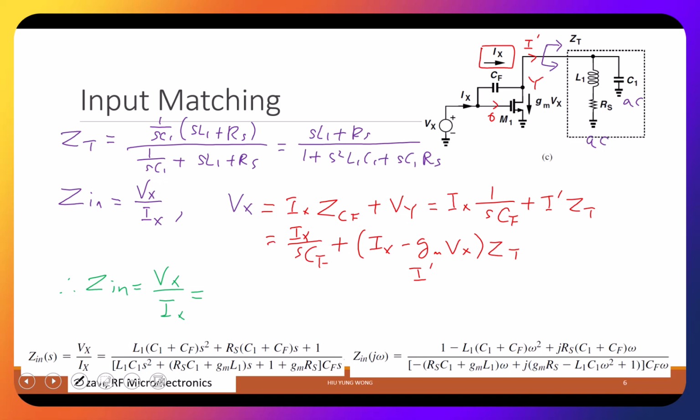Then on the right, I have Ix, which is 1 over SCF plus ZT. These are all Ix, right? Divide the whole thing by 1 plus GM ZT. So you just go through the math, right? You will see this one.